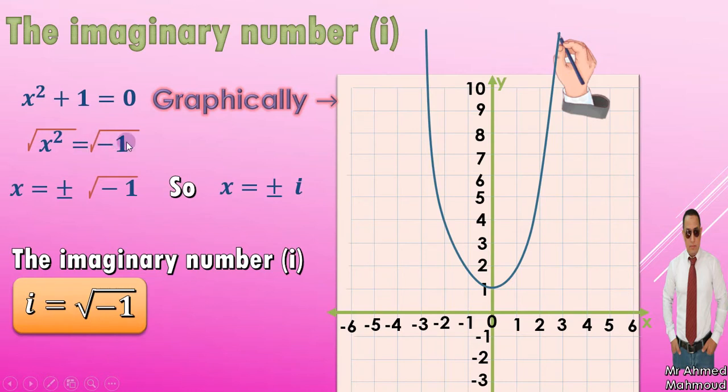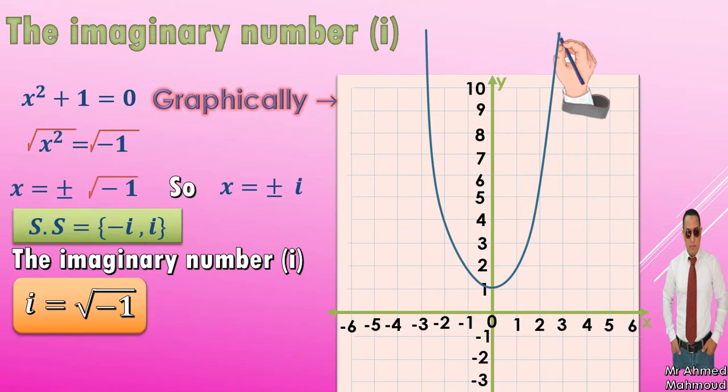Why? Because root negative 1 is meaningless in the real numbers. But now we imagine that root negative 1 is a number, and this number is called I, abbreviation of imaginary. So now we have a solution for this equation. This solution is negative or positive I, and the solution set in this case equals negative I or positive I. Don't forget what I is. I is root negative 1.